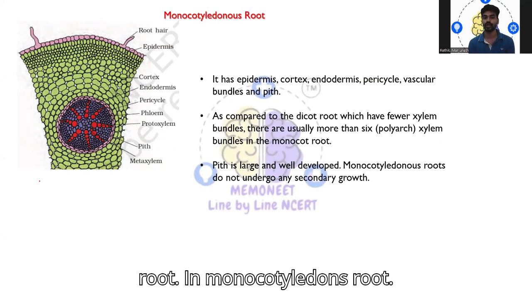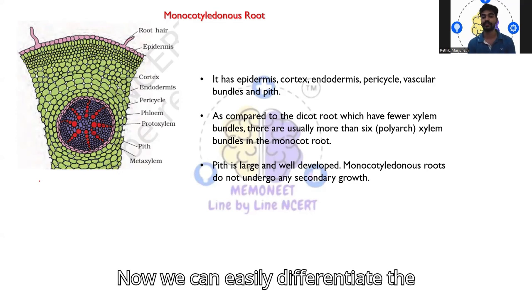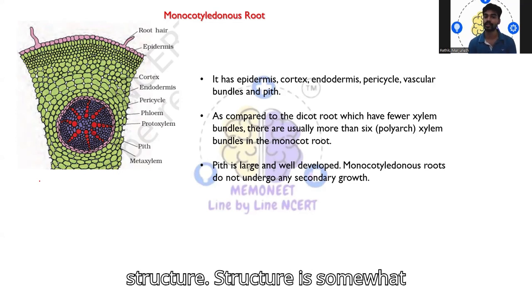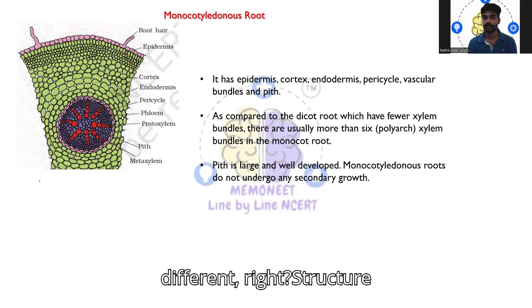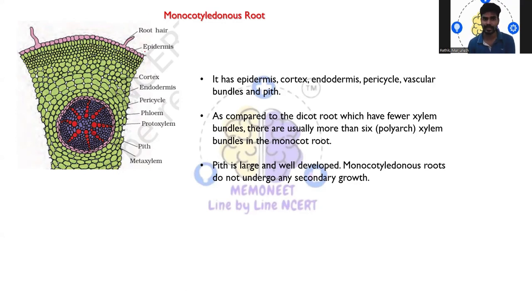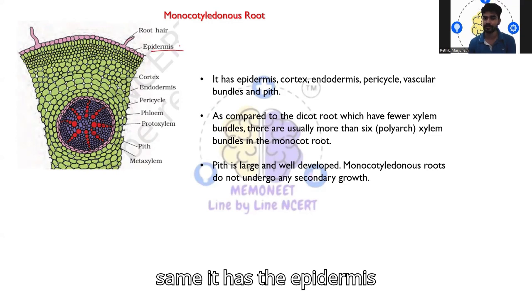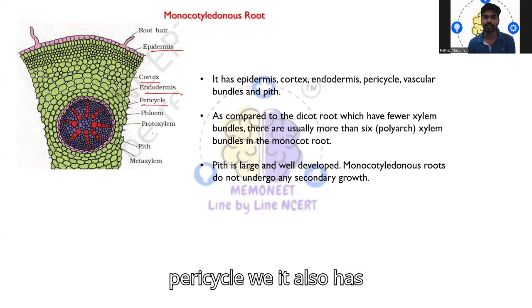In the monocotyledon root, now we can easily differentiate the structure. The structure is somewhat different. The monocot root has the epidermis, the cortex, the endodermis, then the pericycle.